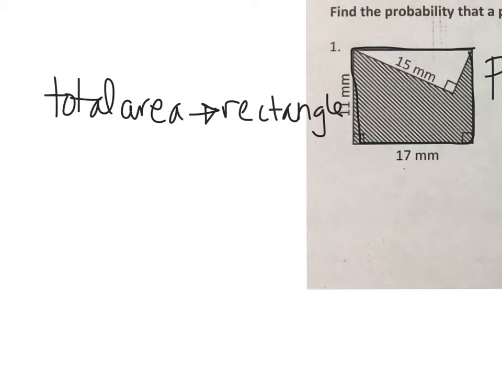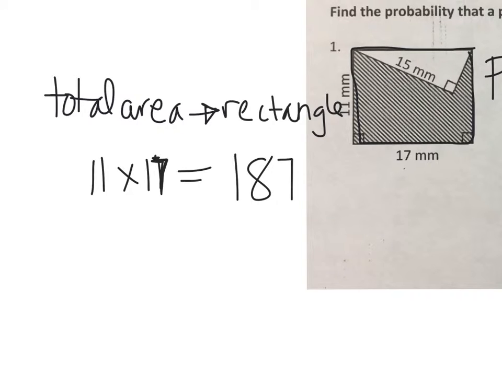Rectangle with a 17 by 11, and 17 times 11 is hopefully 187. Okay, that is the total area.